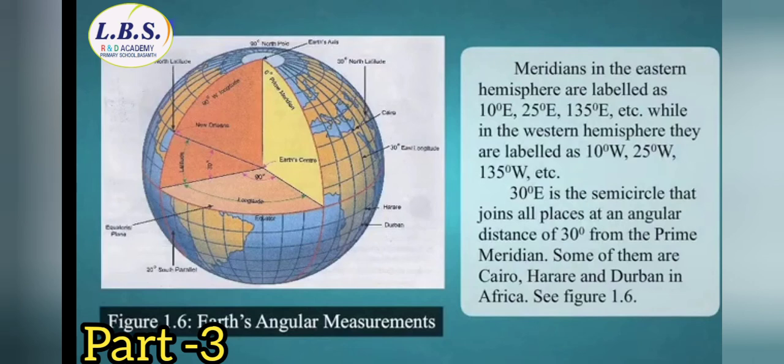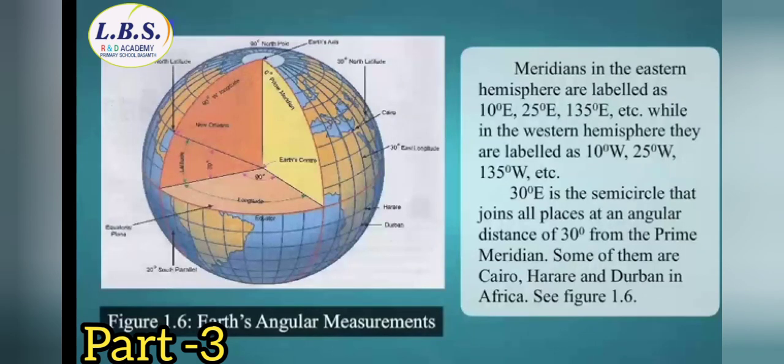Meridians in the eastern hemisphere are labeled as 10 degree E, 25 degree E, 135 degree E, etc., while in the western hemisphere they are labeled as 10 degree W, 25 degree W, 135 degree W, etc.